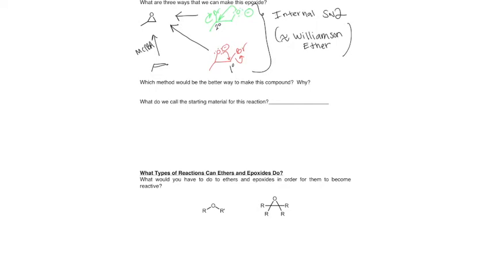So this would be the more effective of the two internal SN2s. So I'm going to write here, the red path is best, better yield for SN2, and that's because of that primary alkyl halide.